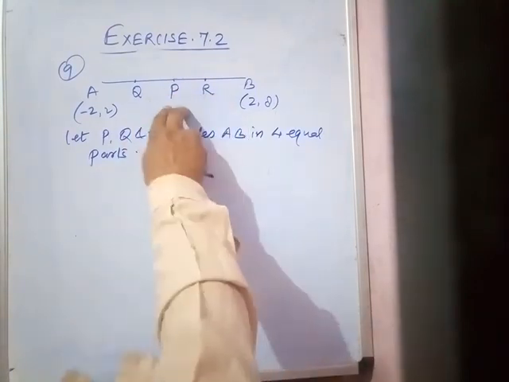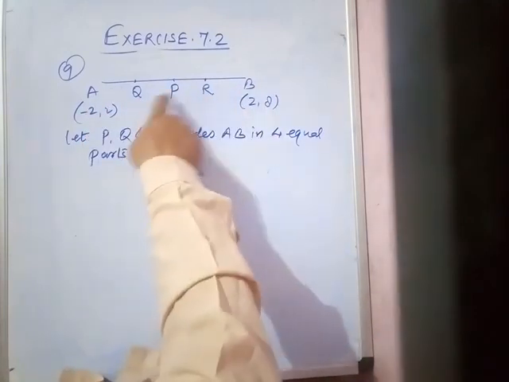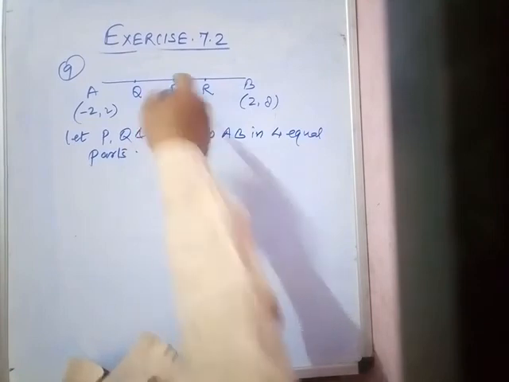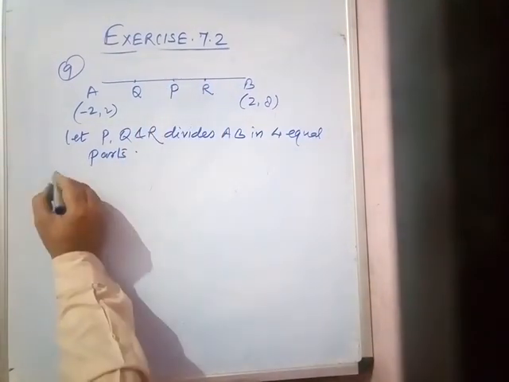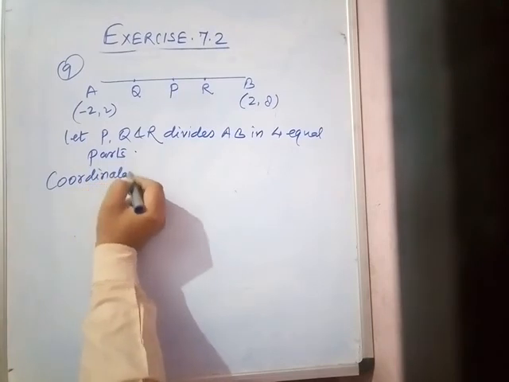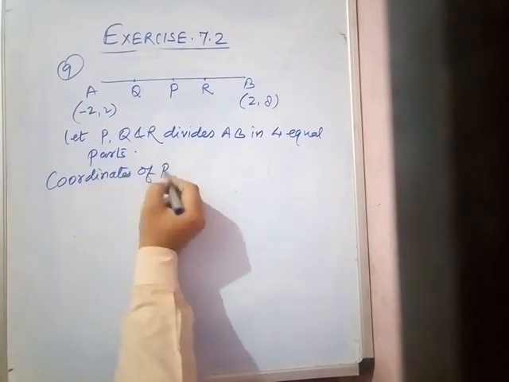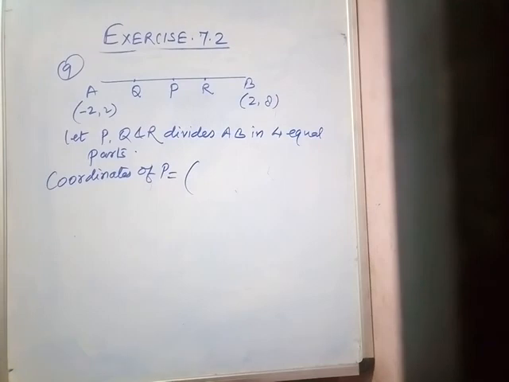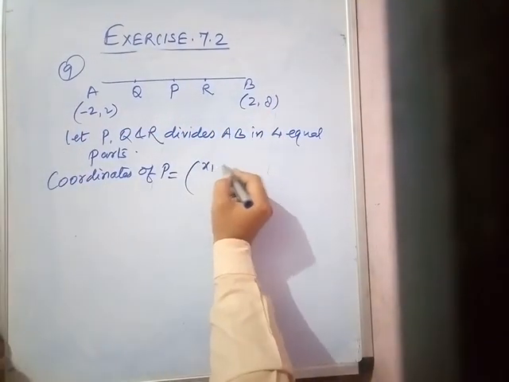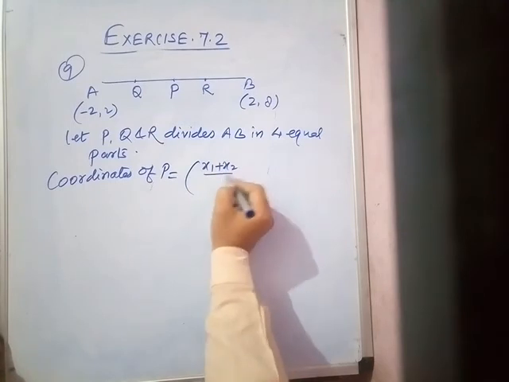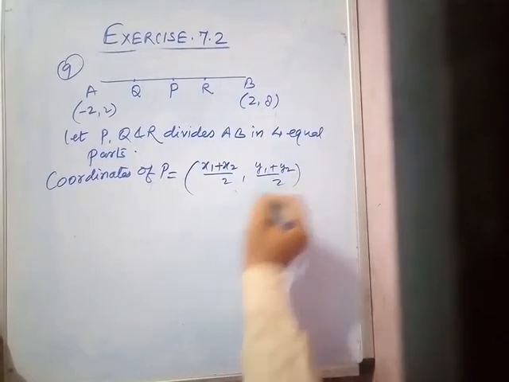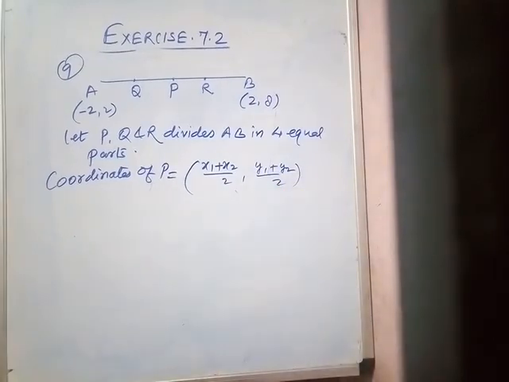Since P is the midpoint of AB, we may use the midpoint formula for the coordinates of P. The midpoint formula is (x1 plus x2) upon 2 and (y1 plus y2) upon 2.